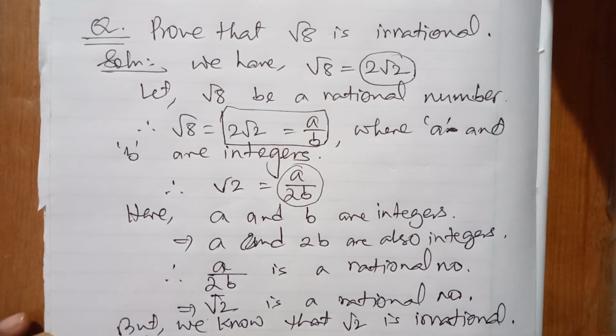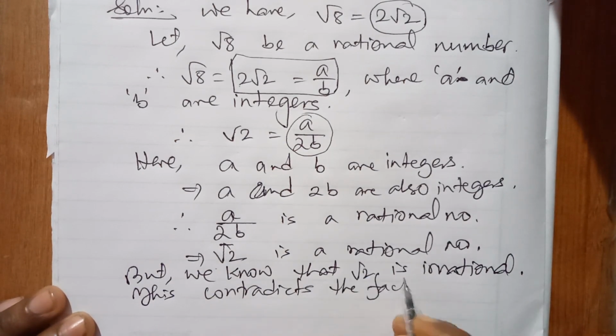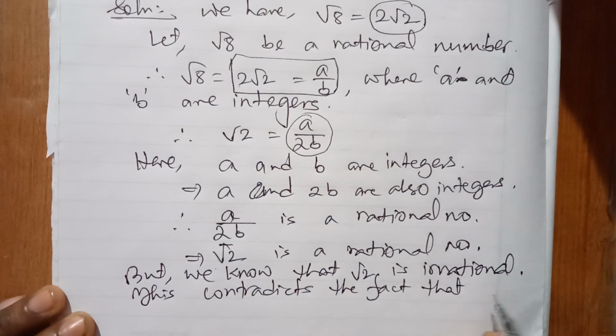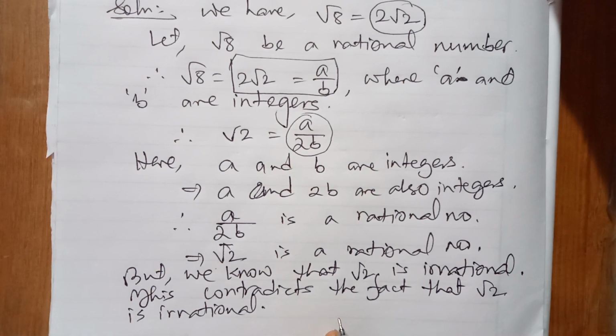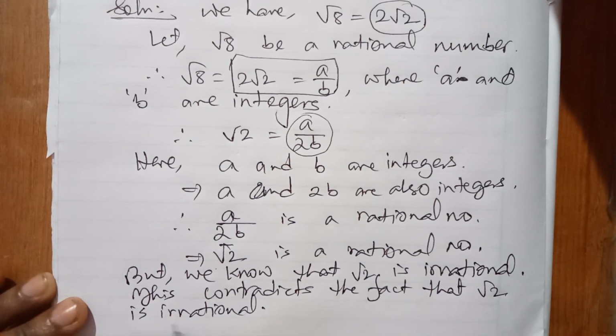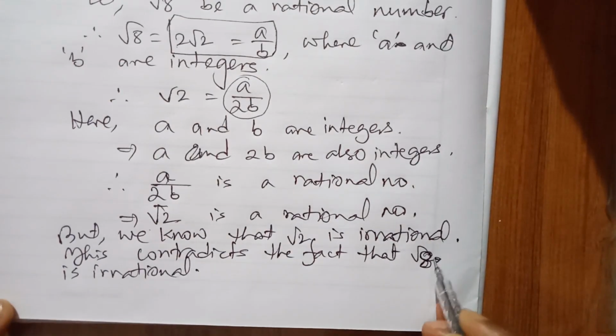So what do you write? This contradicts the fact that root 8 is irrational. Root 2 will not come here, because the original number is root 8. So you write root 8.